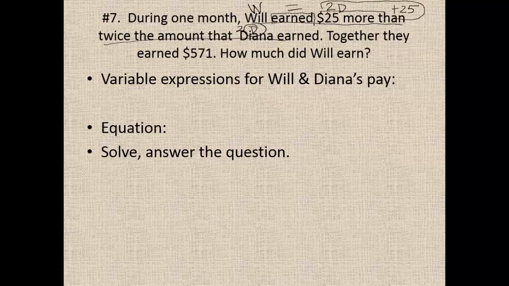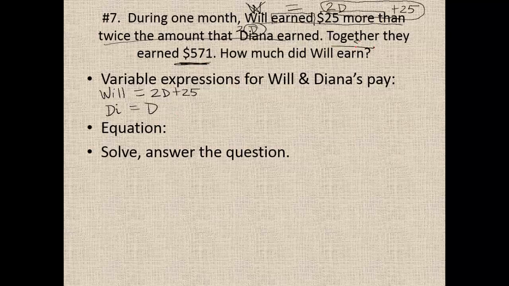Okay, so the variable expressions: for Will, we're going to say 2D plus 25, and for Diana we're just going to use D. Okay, so the equation comes from this.